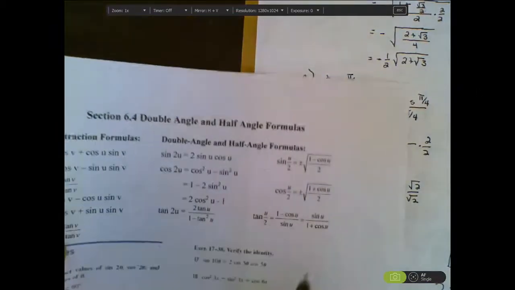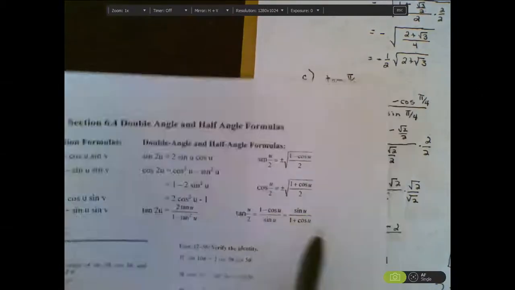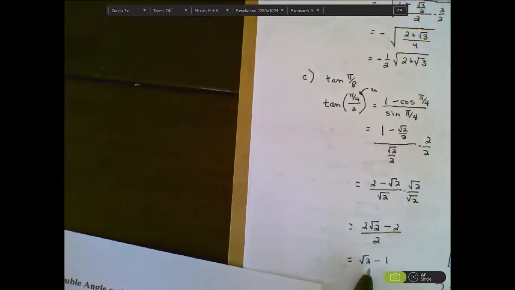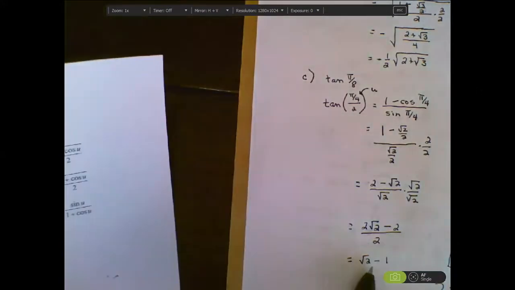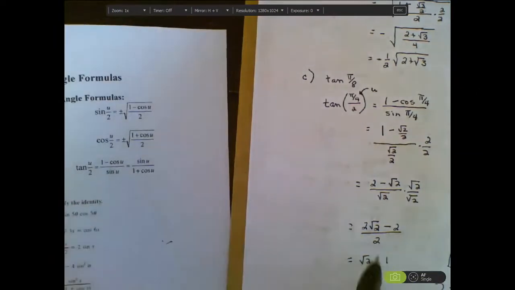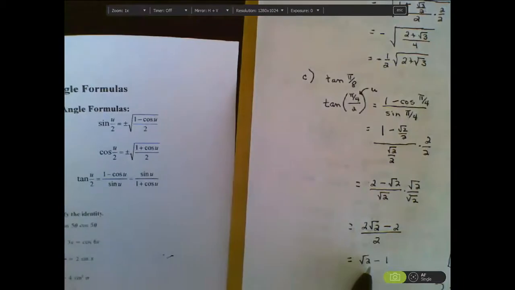Now, if we had used the other formula for the half angle formula for tangent, we may have gotten that more directly. It doesn't matter. If I use this formula, even if it didn't come out to be this, it would be something equivalent to that.